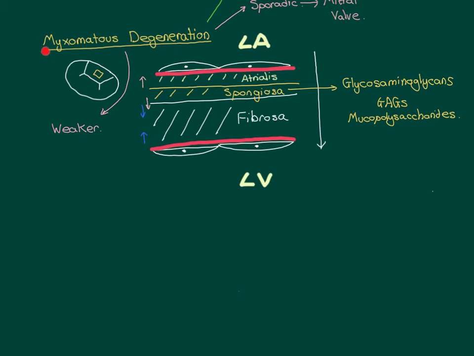And indeed, this is the result of myxomatous degeneration in any of the heart valves. If you get myxomatous degeneration in any one of the four heart valves, that heart valve loses structural integrity and is pushed backwards, getting inversion of the heart valve.